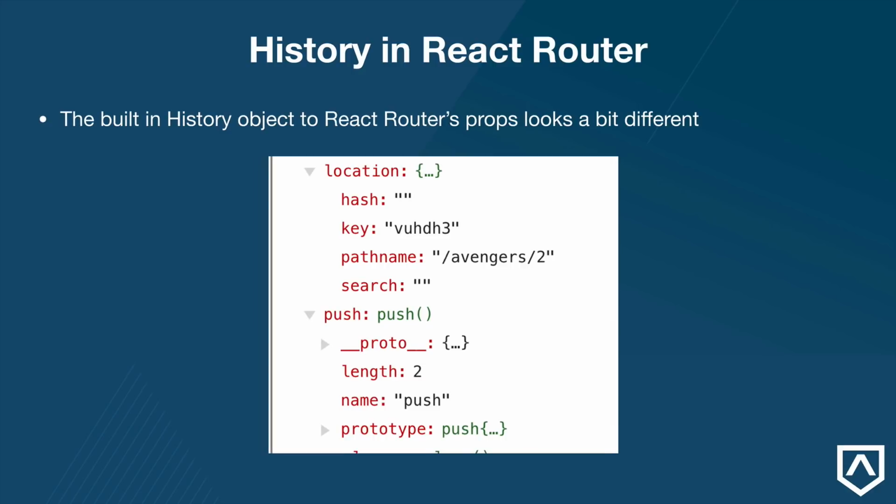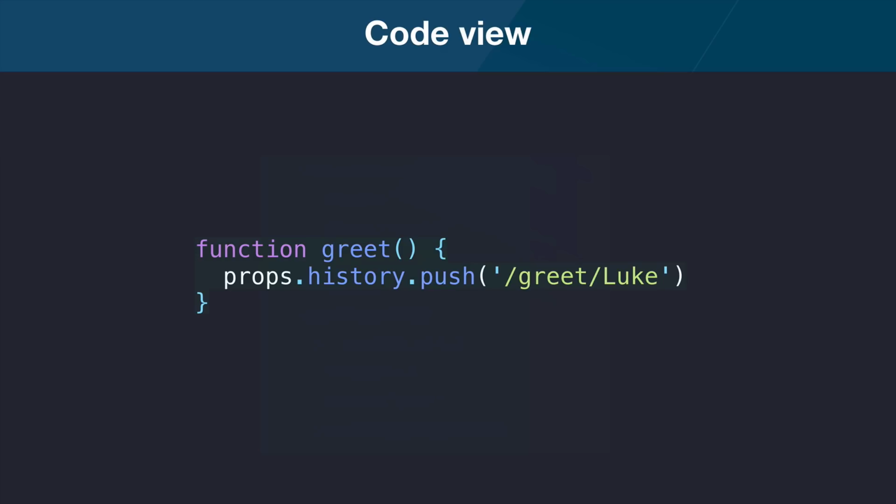Location will give you that history. That's where you store where you've been, where you're going, how you got there, etc. Push is a function. Push will allow you to take in a string argument that is set equal to a specific path in your routes and route to that path programmatically. What do I mean by that? Well, let's take this little greet function, for example.